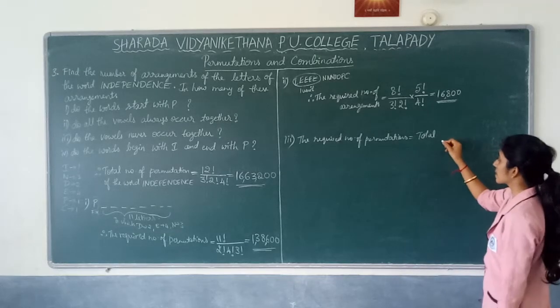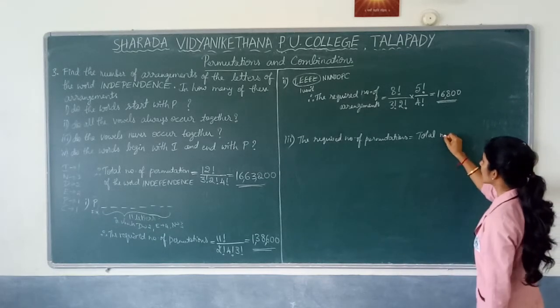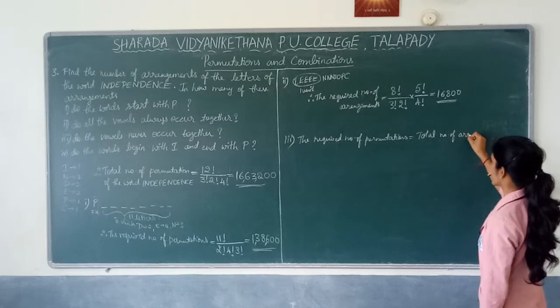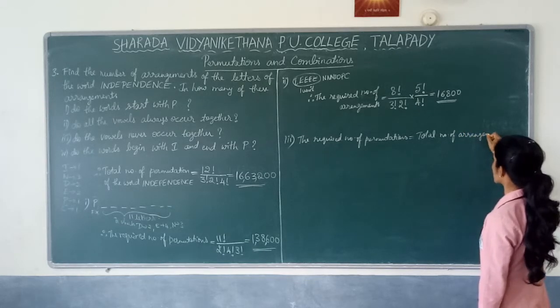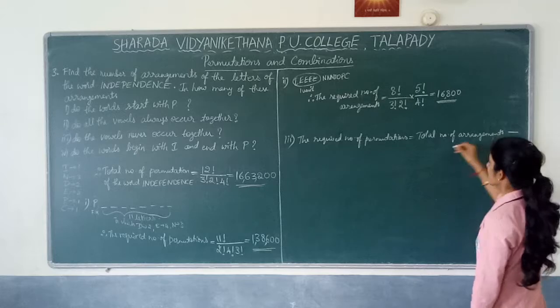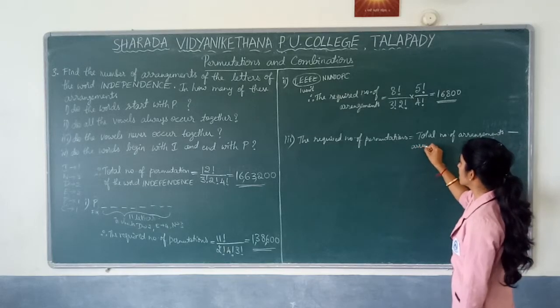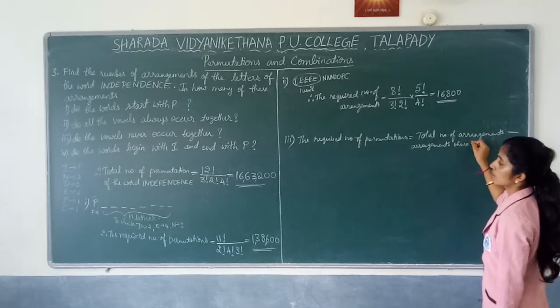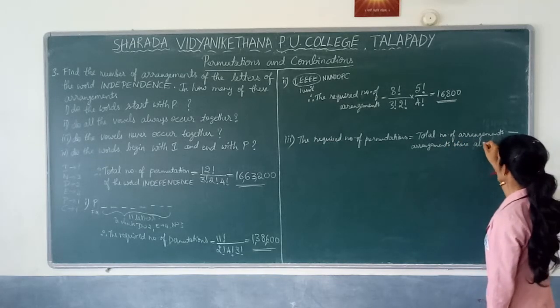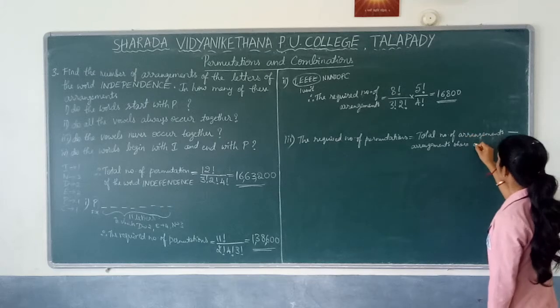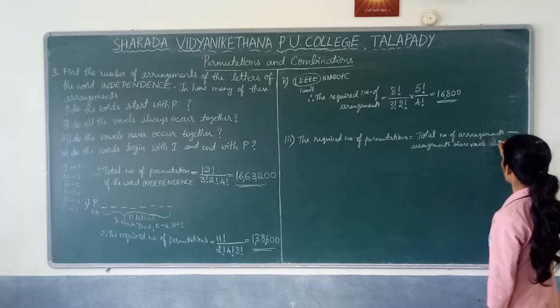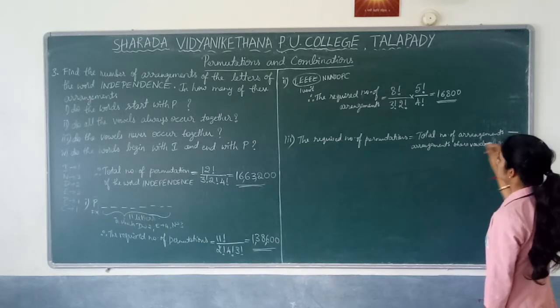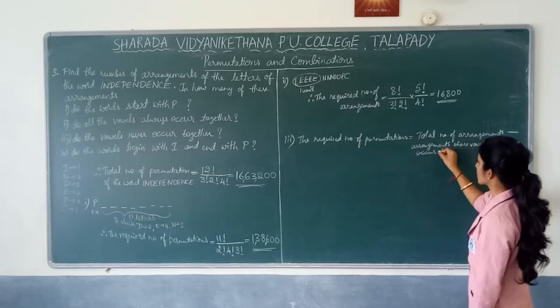Okay. So the required number of permutations here is total number of arrangements minus the arrangements where all the vowels are always together.